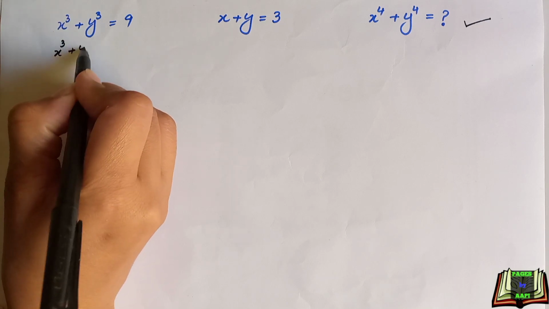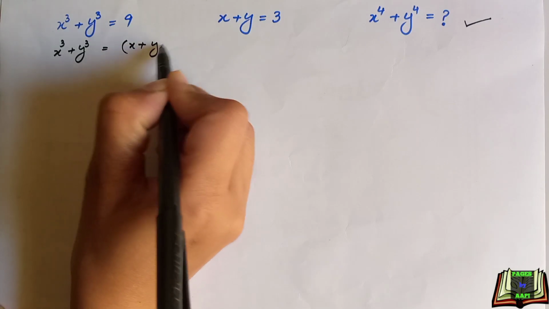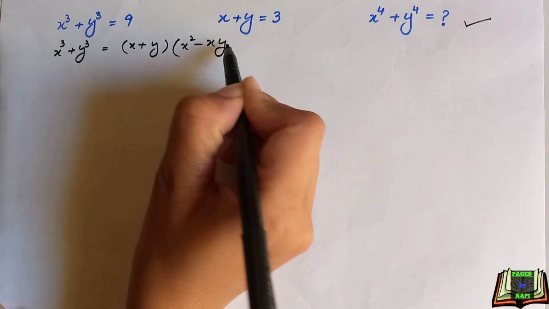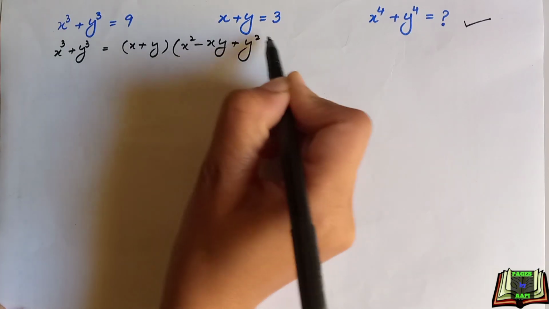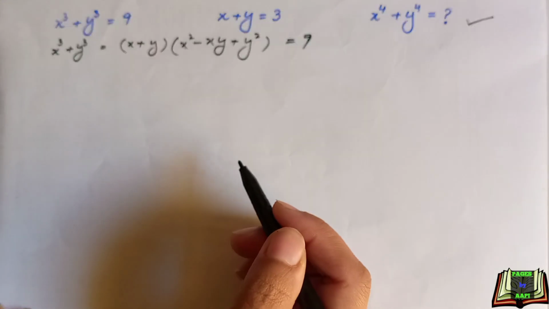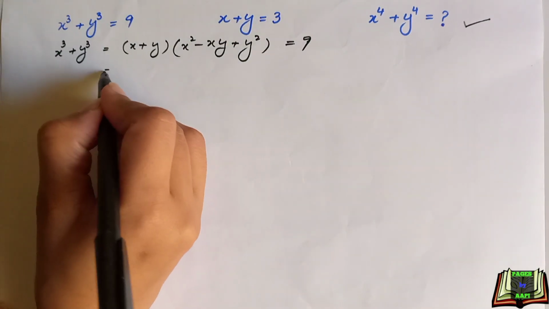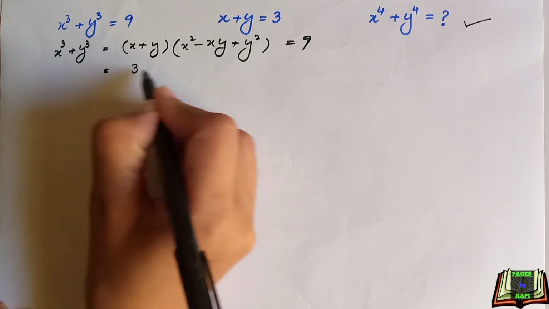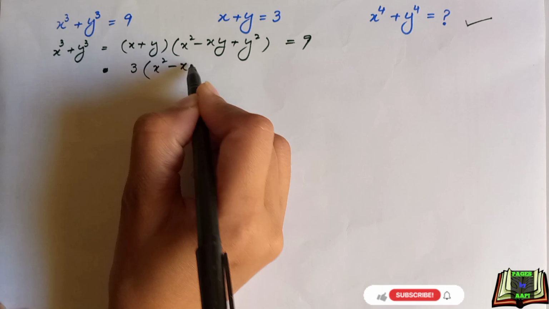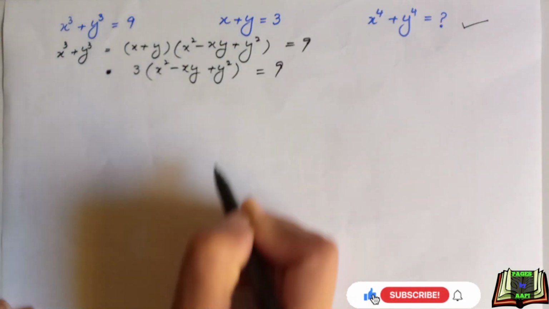x cube plus y cube can be simplified as (x plus y) into (x square minus xy plus y square), which is equal to 9. Now as we know the value of x plus y is equal to 3, we are going to put in the value of x plus y and keep the rest of the equation the same, equal to 9.